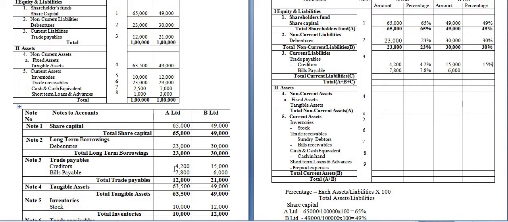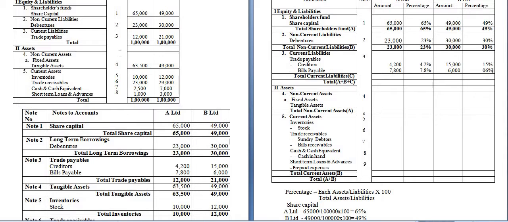Okay, 6%. Now next, find out total current liabilities.